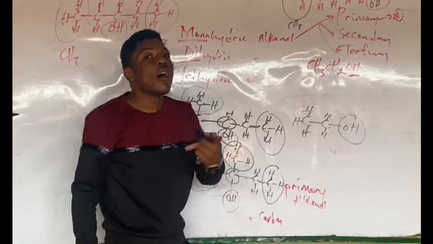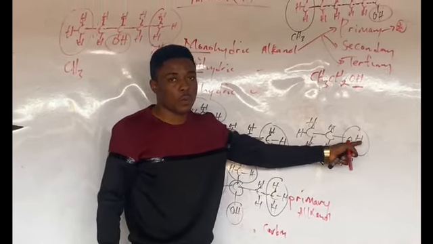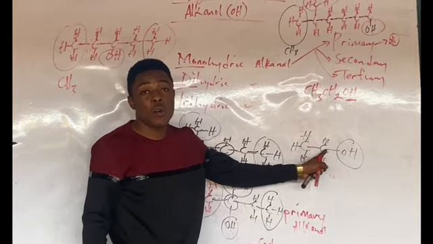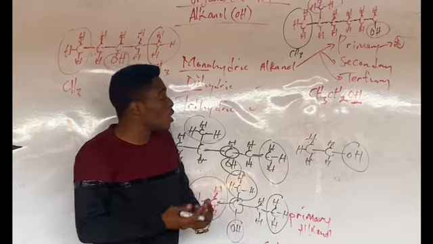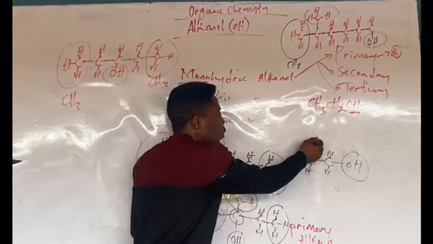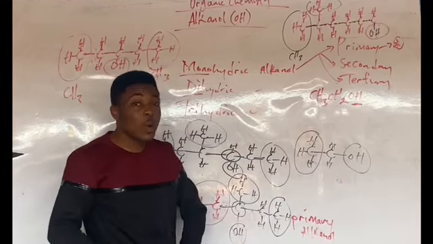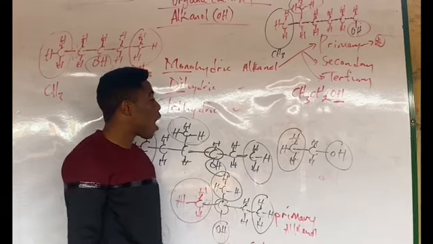The alpha carbon is that carbon that is closer to the functional group. So this is our alpha carbon. Now, how many methyl groups have direct link to the alpha carbon? Just one, and that is this one, CH3. So without wasting time, class, this is a primary alkanol.